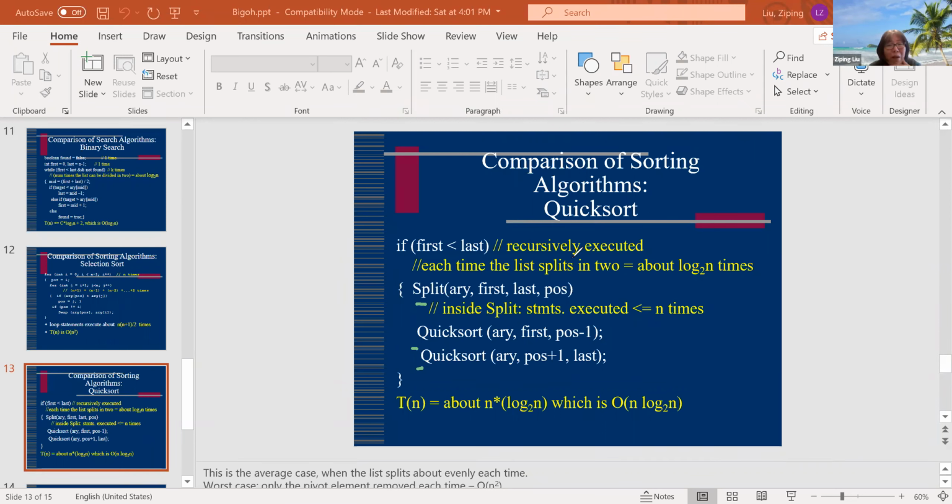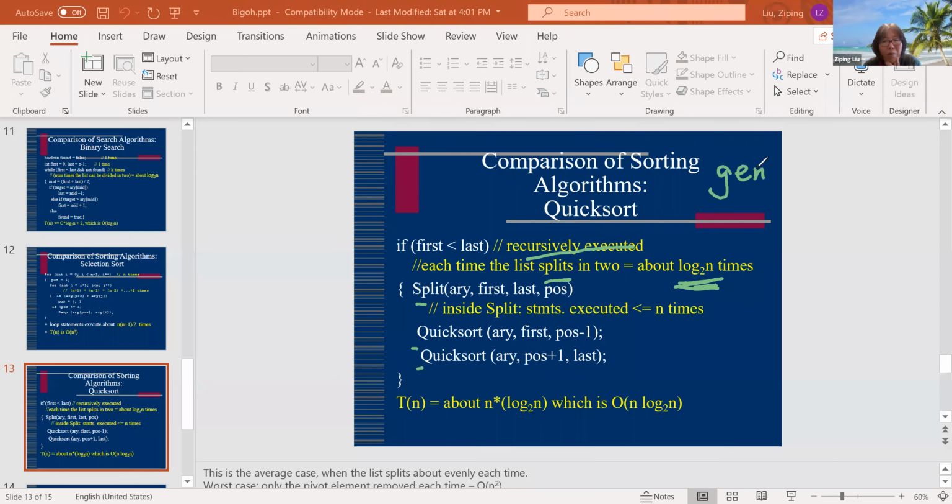But the question is, how do you know how many times it's going to be recursively executed? It's based on the split, how many times you need to split. From binary search analysis, we know splitting by half, generally speaking, is log 2n.